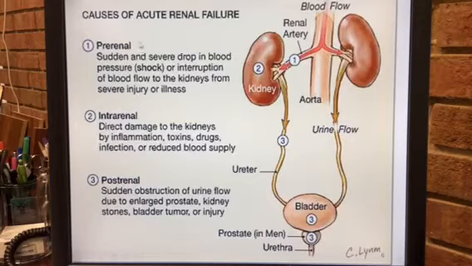Now, if we correct these pre-renal situations in a reasonably prompt manner, we may prevent the reduced blood flow from becoming so severe that the kidney itself actually becomes adversely affected.